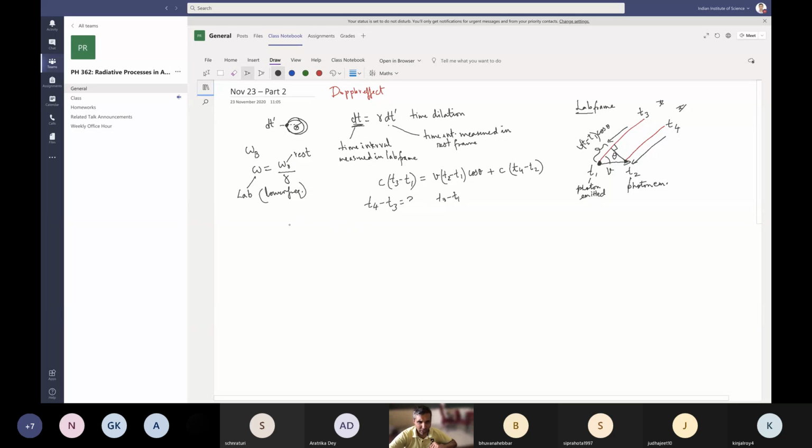How do we do that? We rearrange this equation. So let's see what this equation says. This is the light travel time along this line, right? So this is equal to this length, which is just this, plus this extra length. t2 minus t1 is also the time in which light travels from here to here and the particle travels from here to here.